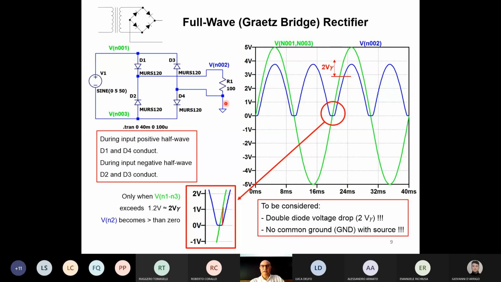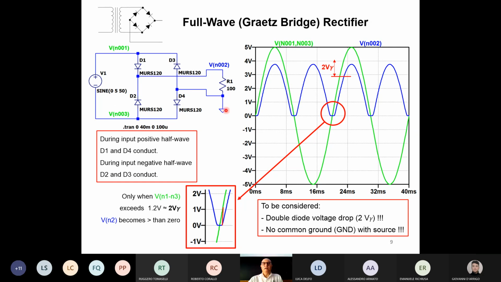What happens in this case? How does the circuit work? Well, let's start with a positive output voltage. So we have plus on top and minus on the bottom of the sinusoidal generator. This is our first case. I have to tell you something before.